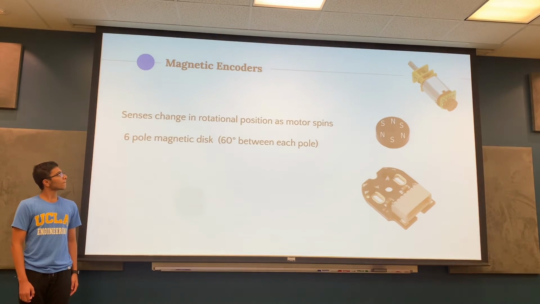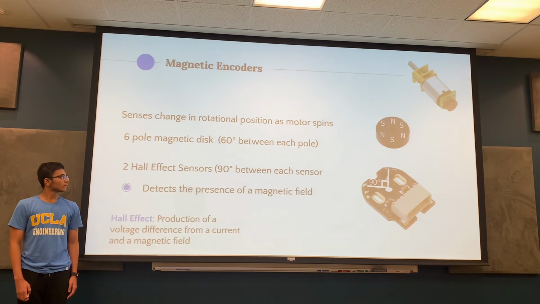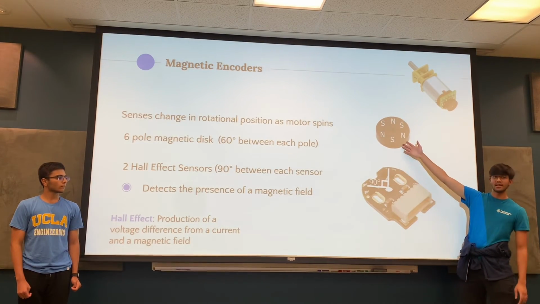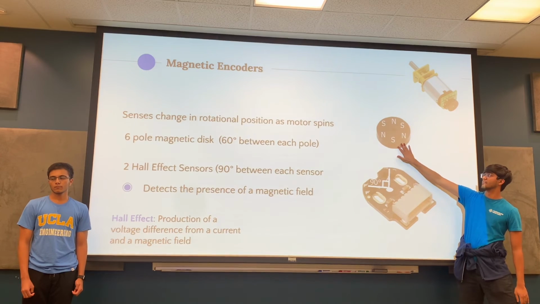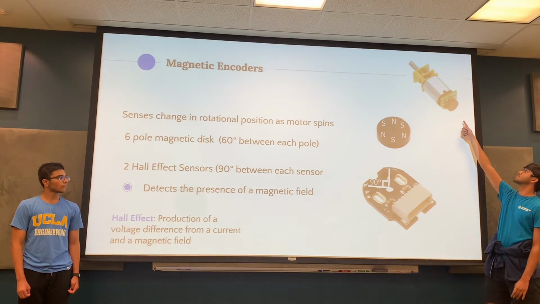So this is a 6-pole magnet disc with 60 degrees between each of the poles, north and south alternating. We also have 2 Hall effect sensors on this encoder, which can detect these north and south pole magnets. These are permanent magnets, I should note, that are put directly onto the motor shaft.